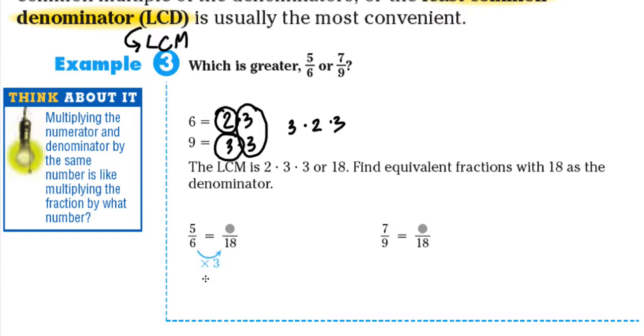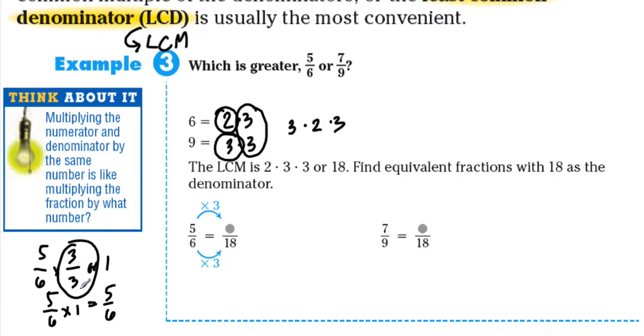And that would be multiplying it by 3. And since you multiplied your denominator by 3, you need to multiply your numerator by 3 as well. Why? Because if you multiply 5 over 6 times 3 over 3, 3 over 3 is the same as 1. So if I multiply 5 over 6 by 1, it will remain 5 over 6. So multiplying it by 3 over 3 will not change the fraction. It will just rename the fraction.